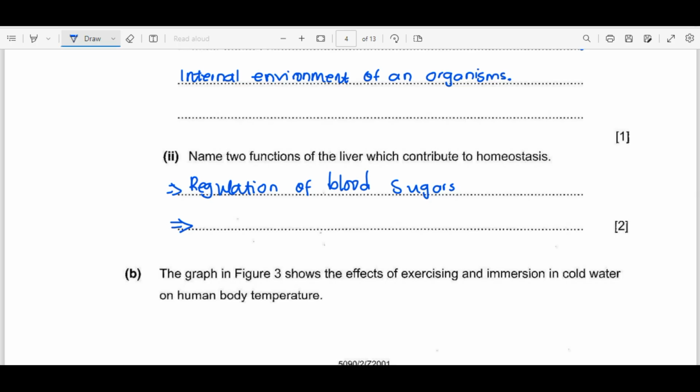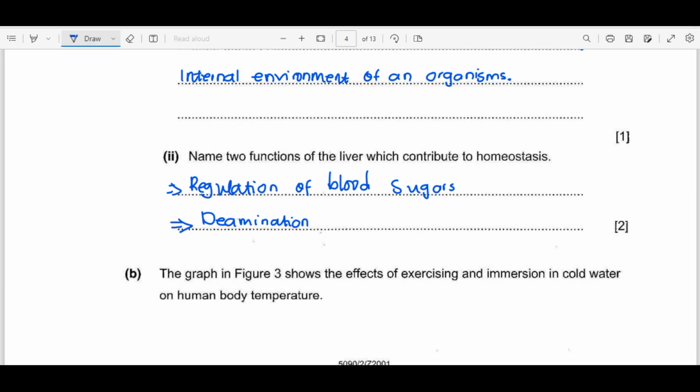Then for the second one, we'll look at the deamination process. Now for deamination, excess amino acids are not stored in the body. So what happens to excess amino acids? They have to be converted into glycogen and urea.